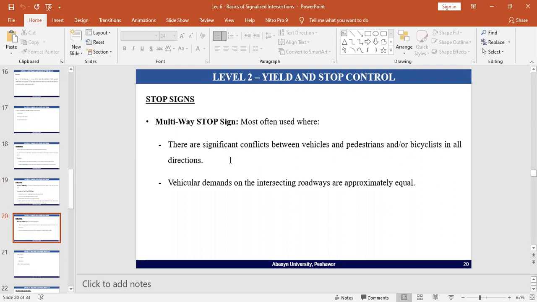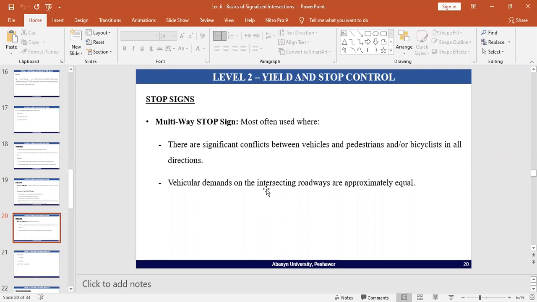Now, two-way stop sign, you have installed a stop sign on both sides of the minor road. But now it's a multi-way stop sign. That means you have traffic coming from multi-directions. And that occurs when you have pedestrians and or bicyclists. You can also have a combination of both pedestrian and bicyclists. So then you will have to use this multi-way stop sign.